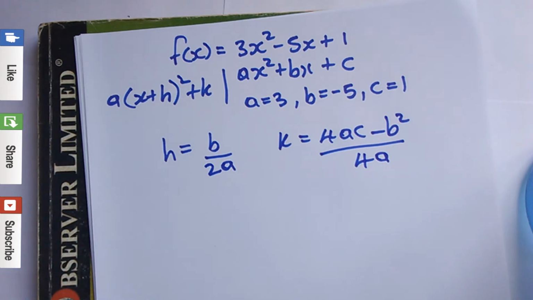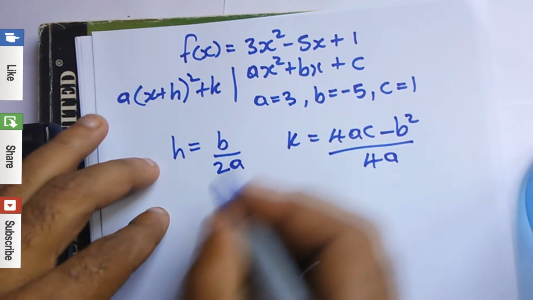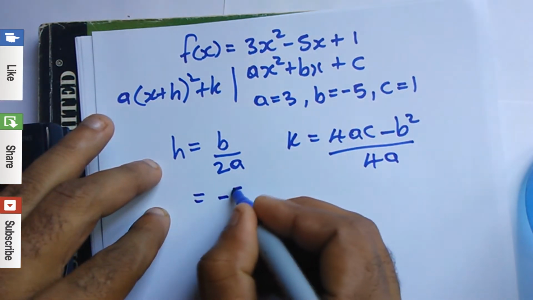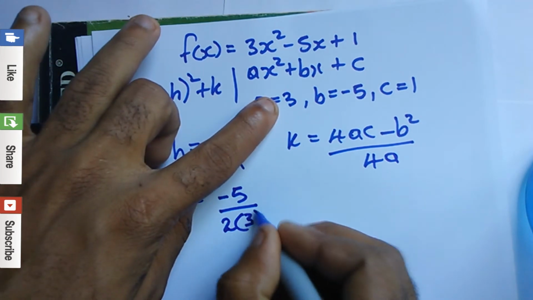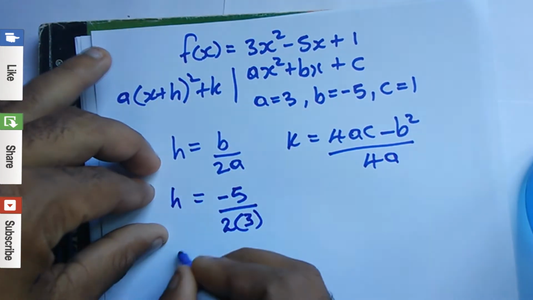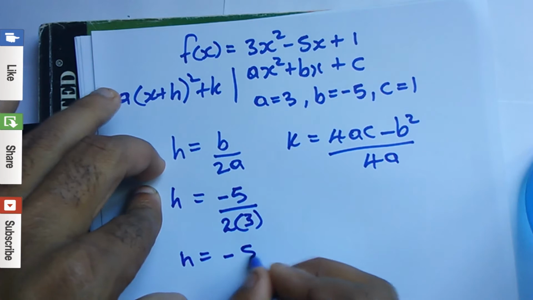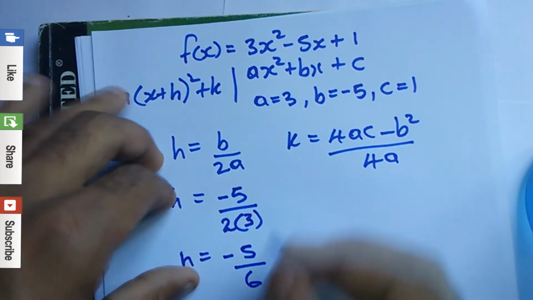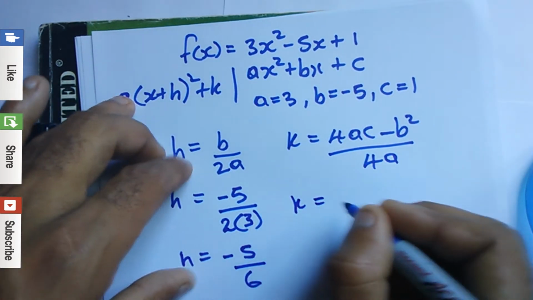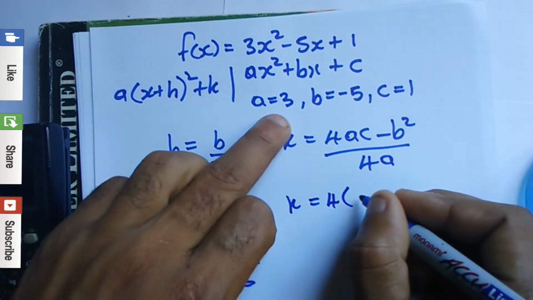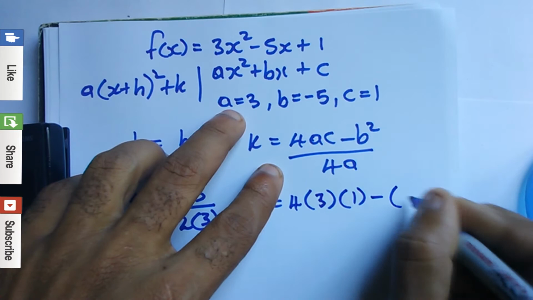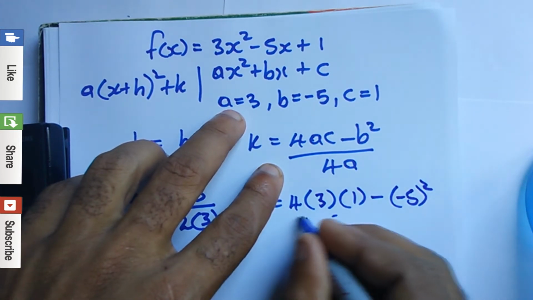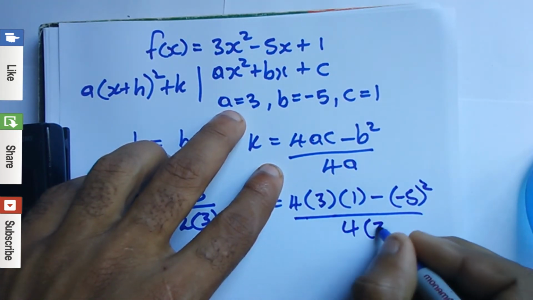Alright, so b, remember b is negative 5, so we have negative 5 divided by 2 times the a value, which is 3. So h would be equal to negative 5 over 6. Then k would be equal to 4 times a, which is 3, times c, which is 1, minus 5 squared divided by 4 times 3.